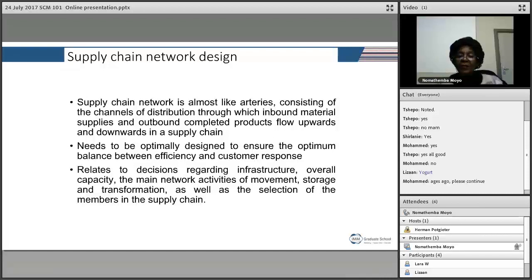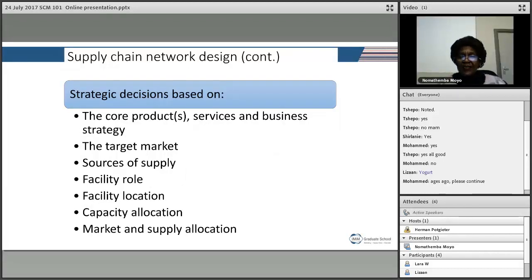It needs to be optimally designed to ensure the optimum balance between efficiency and customer response. It relates to decisions regarding infrastructure, overall capacity, the main network activities of movement, storage and transformation, as well as the selection of the members in the supply chain. Who do we want to work with? Who is going to be our member in the supply chain?